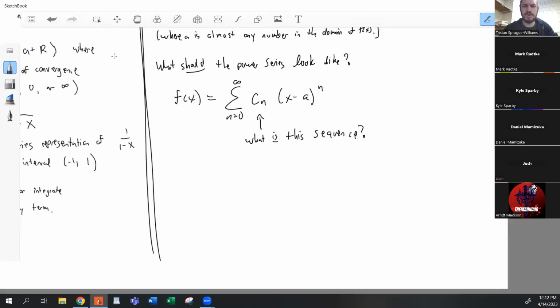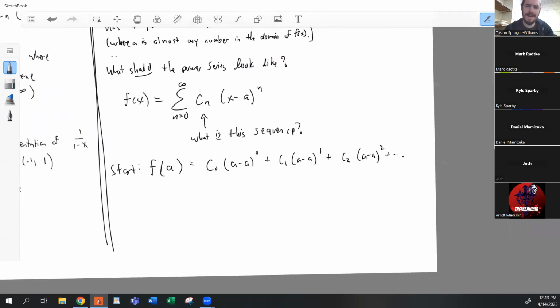Well, one thing we know for sure is that we can start here. If we do f of 0, or no, sorry, not f of 0. If we do f of a, that's what I meant to say, then we would have c0 times (a minus a) to the power 0 plus c1 (a minus a) to the power 1 plus c2 (a minus a) to the power 2, etc. Well, a minus a is 0, right?